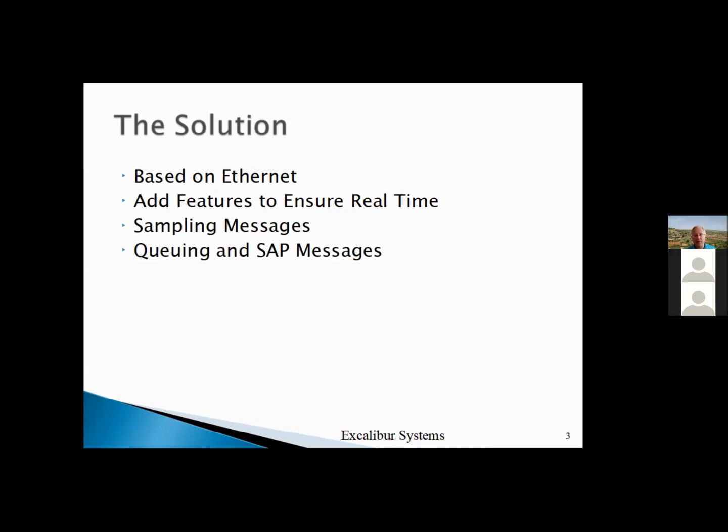Okay, so they could base it on Ethernet, but they had to fix some of the problems with Ethernet, or not really so much problems as some of the aspects of Ethernet that were not appropriate to airplanes. The first one of which is real time. Ethernet is fast, but it's not real time. The definition of real time, by the way, means fast enough to do what you need it to.